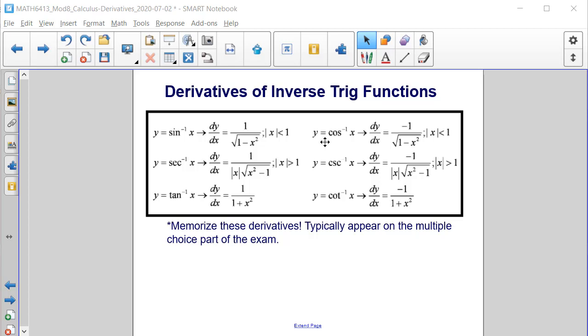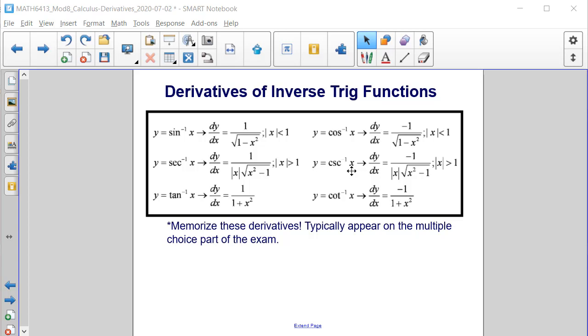And then if y is the inverse cosine, the derivative of y with respect to x will be negative 1 over the square root of 1 minus x squared. And similar with sine, this is only true for inverse cosine given that the absolute value of x is less than 1.